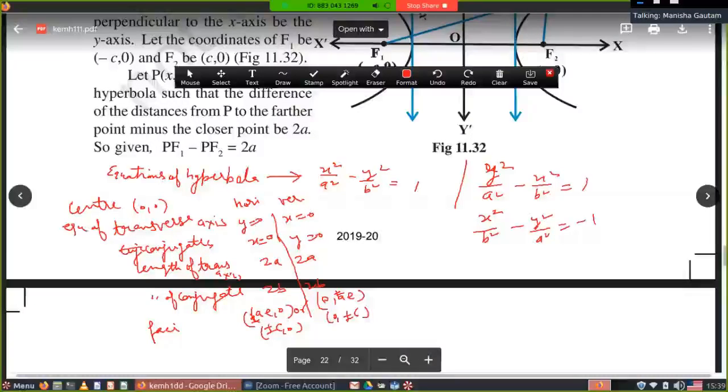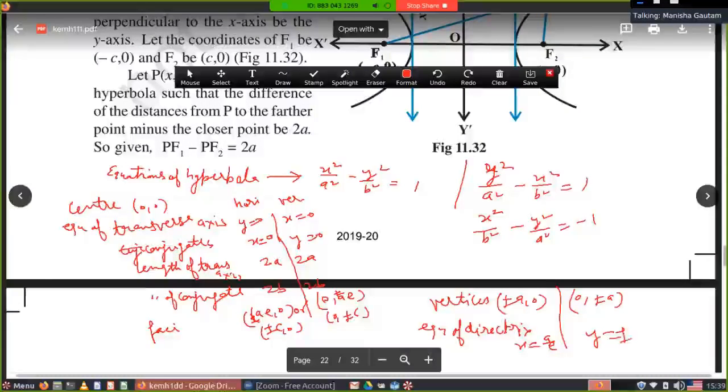In the case of vertices, vertices are plus minus a comma 0 in the first case. In the second case, 0 comma plus minus a. And the equation of directrix, it can be asked, will be x is equal to plus minus a upon e and y is equal to plus minus a upon e. Put the plus minus sign, two equations are there.